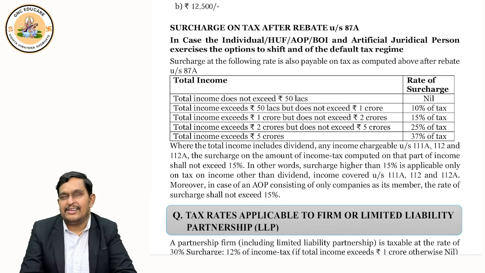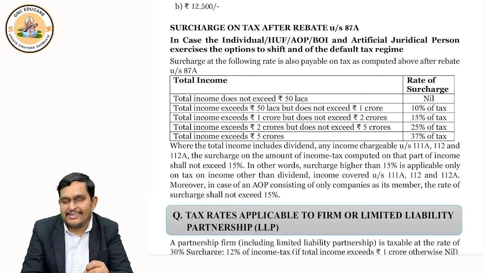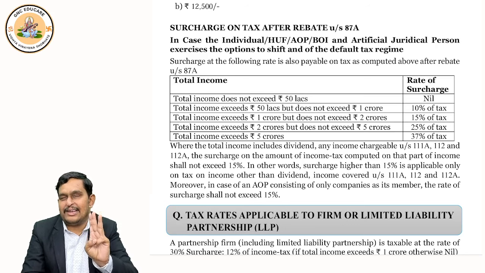What is it? If your income is from dividend, meaning when you purchase shares you get a part of the profit as dividend, correct? Yes, so that dividend income is there. Or your long-term capital gain from section 112, which I'll detail in just a few minutes. 112 long-term capital gain. 112A again a long-term capital gain. 111A short-term capital gain.